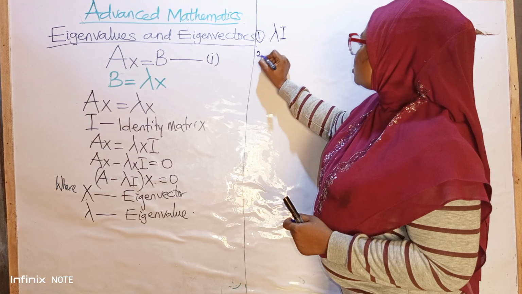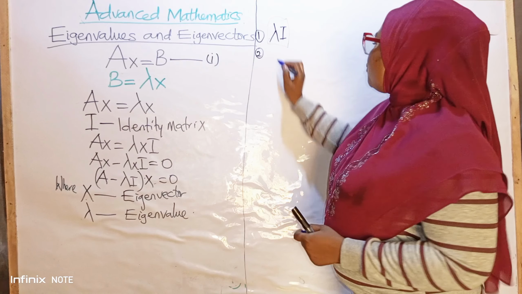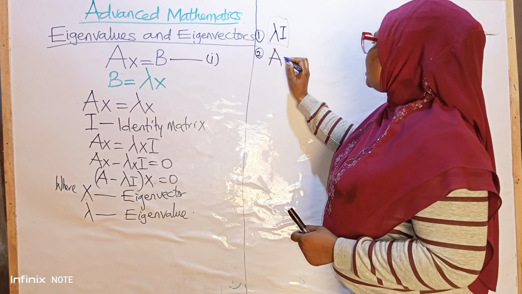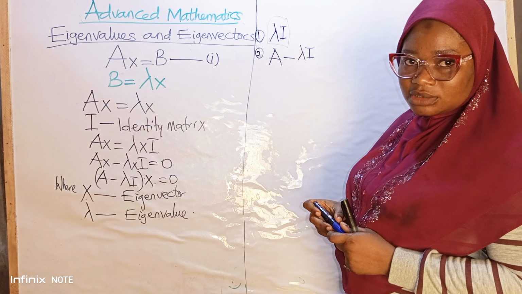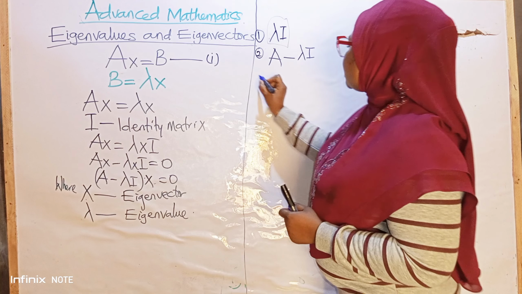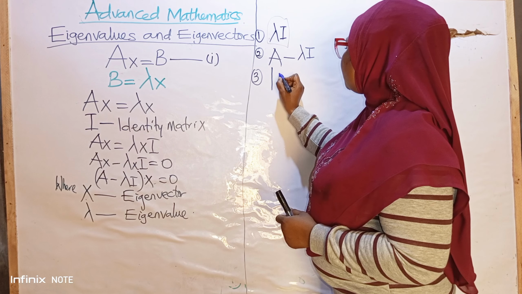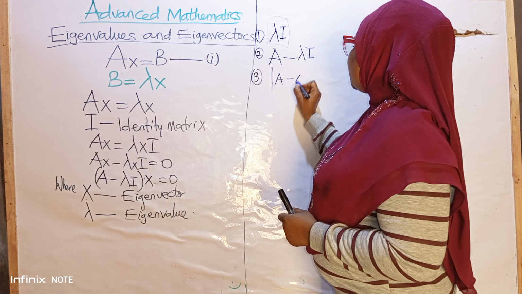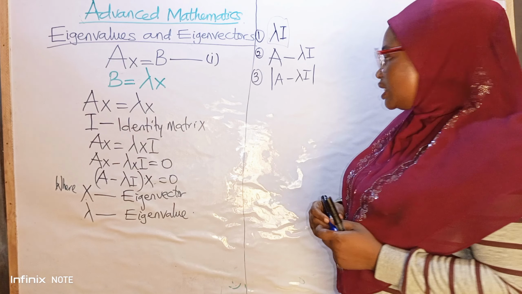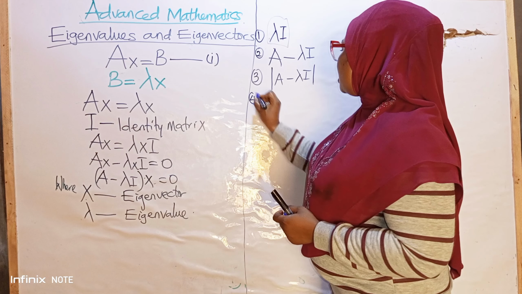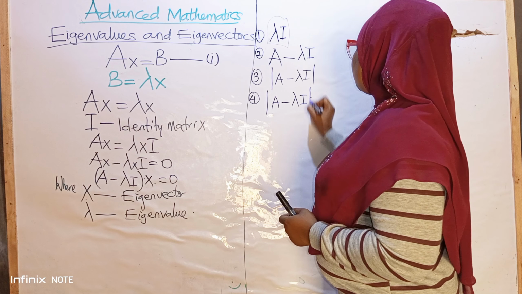Number 2, take away the result from your matrix A, that is A minus lambda I. The third step is that you find the determinant of whatever you get here, so determinant of A minus lambda I. And the fourth step is that you equate the determinant to 0.